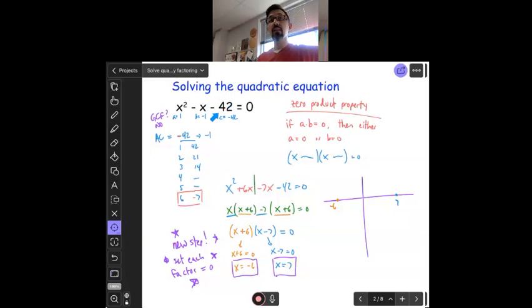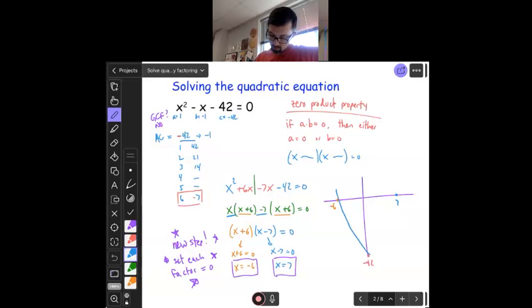What does that represent? Y-intercept, right, Camden? So there's our y-intercept way down here at negative 42. So this graph would look something like that. It would actually turn just a little bit to the right of that. That's a really horrible parabola, but okay.